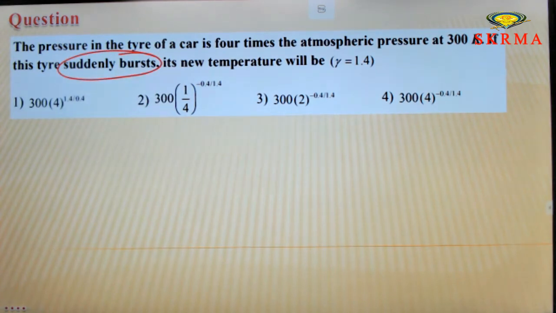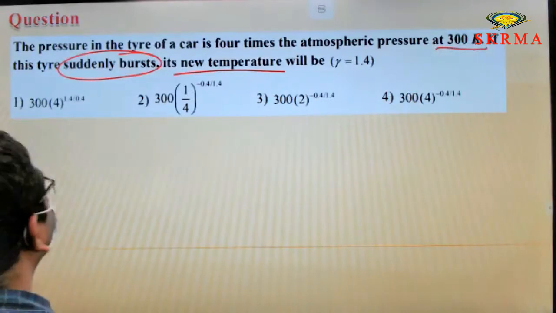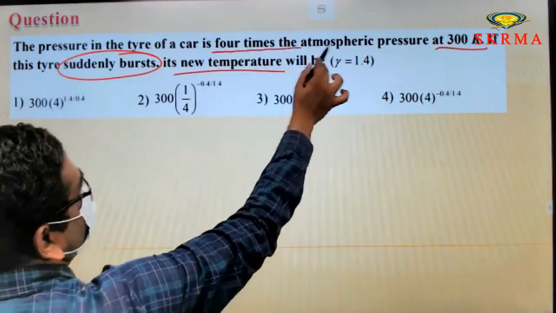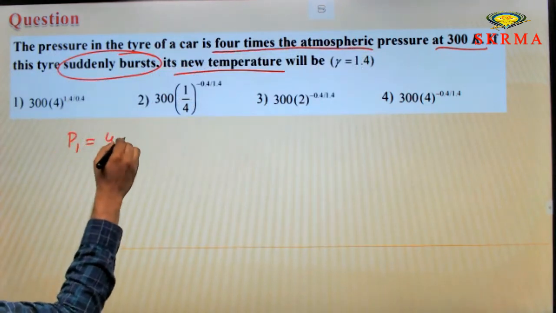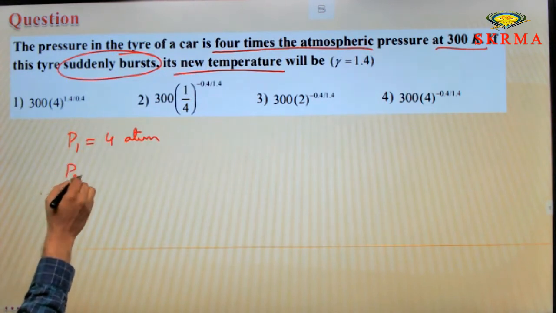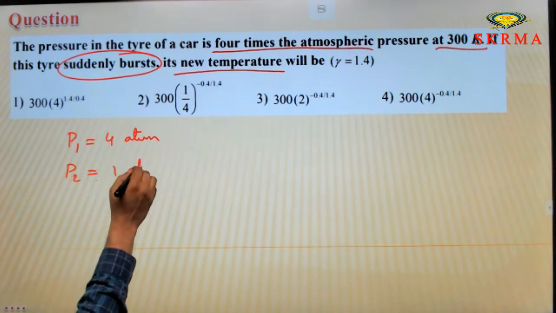In an adiabatic process, we need to relate temperature and which other quantity? Here one temperature is given and the other quantity is pressure: the pressure in the tire is 4 times the atmospheric pressure. So P1 equal to 4 atm. After bursting, the pressure is equal to 1 atmosphere.